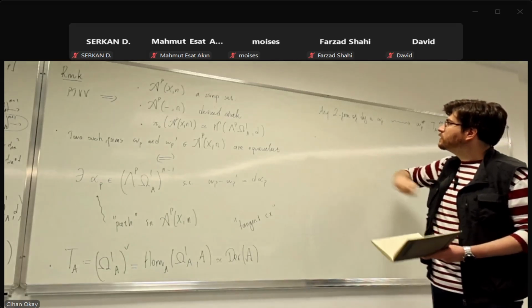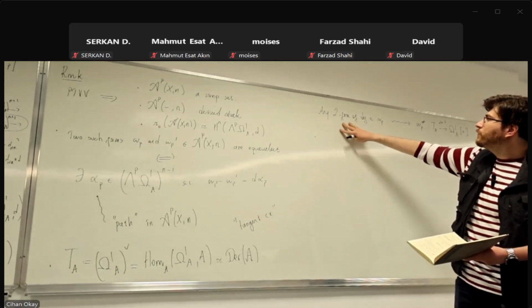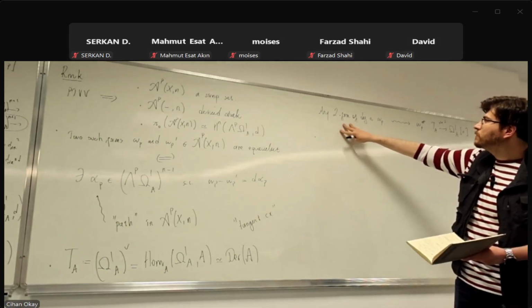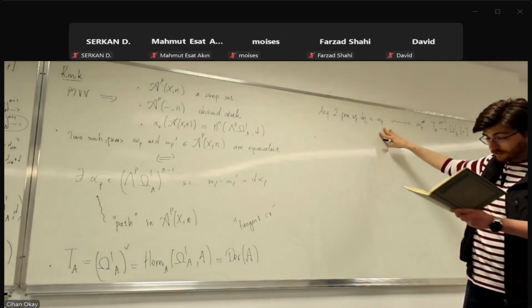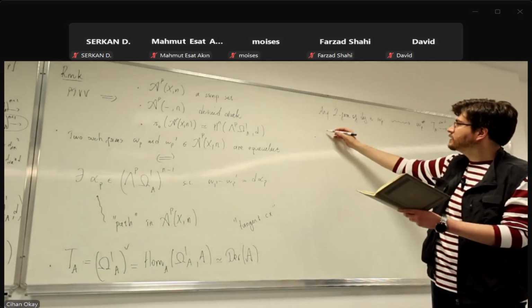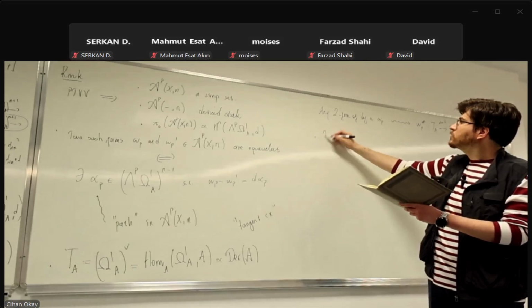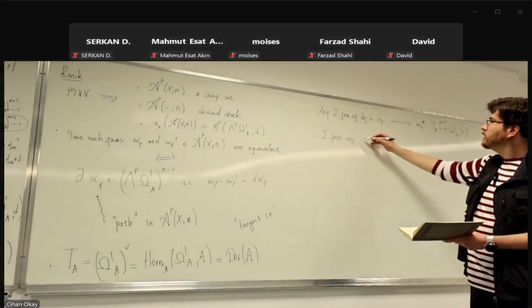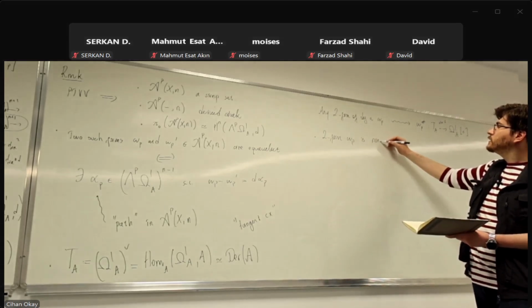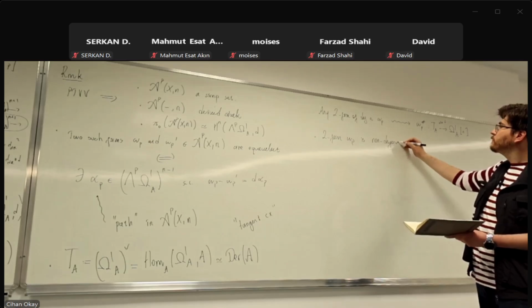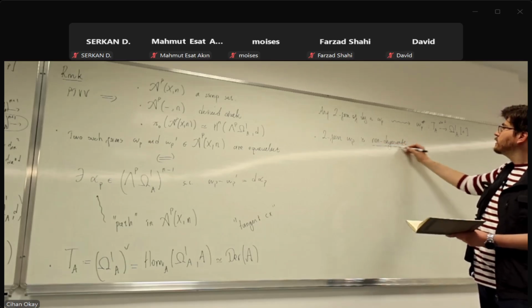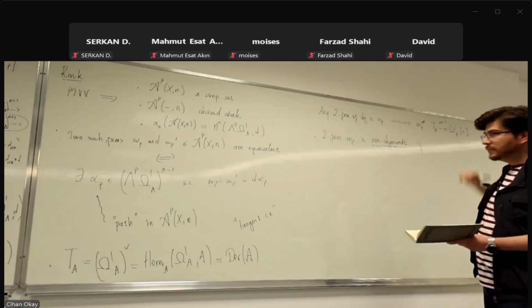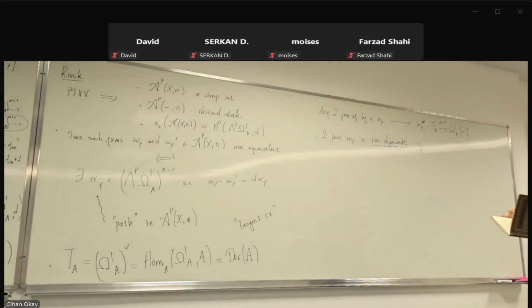So another definition. We call a two form non-degenerate. Sorry, we can discuss the degeneracy condition. So a two form omega p is non-degenerate if this map is an equivalence, a weak equivalence, and in that case, the weak equivalences are quasi-isomorphisms.